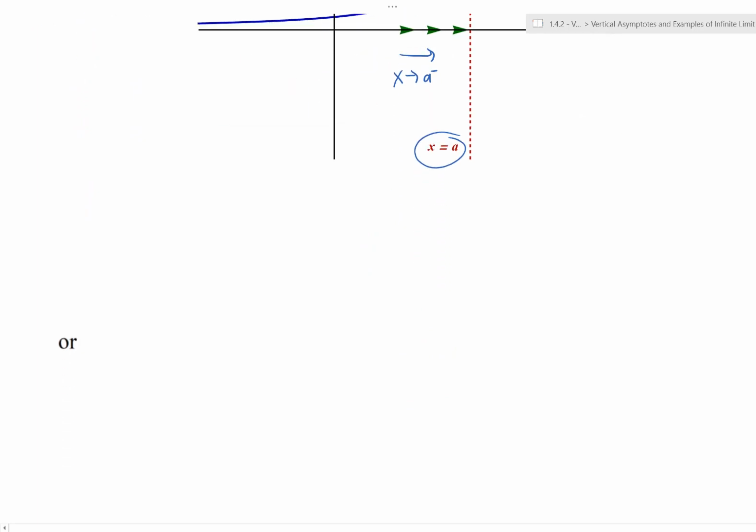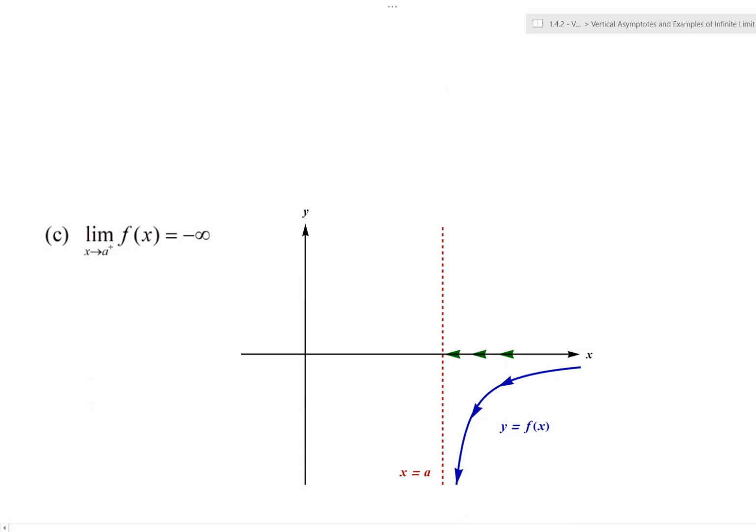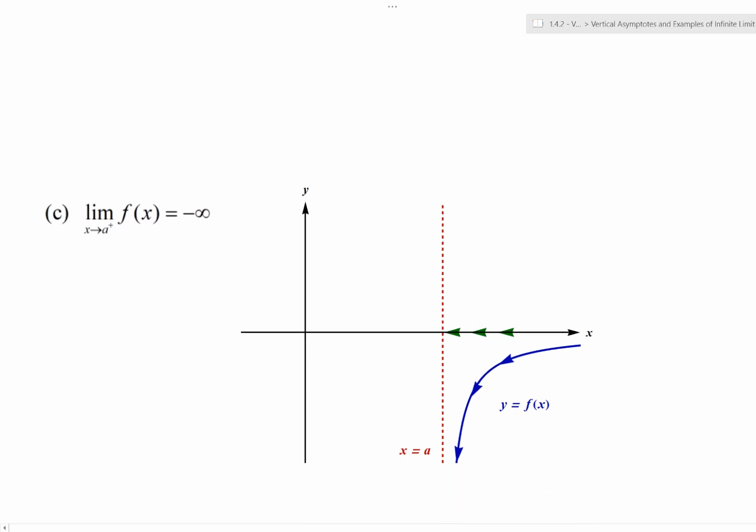In these next two cases, still, if any of them happen, we have a vertical asymptote x is equal to a. Now in this situation, we approach x is a from the right of the function f of x, but instead of going to positive infinity, the function is approaching negative infinity.